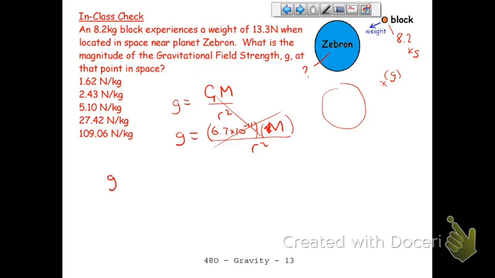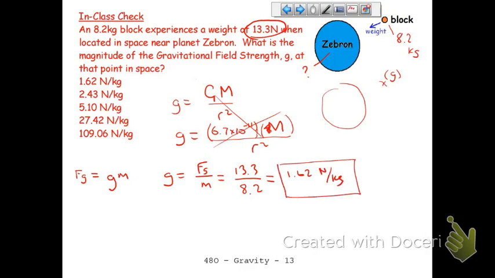So I say, well, that didn't work. But Fg is equal to little g times M. So little g is equal to Fg over M, which equals 13.3 newtons over 8.2 kilograms, which equals 1.62 newtons per kilogram.